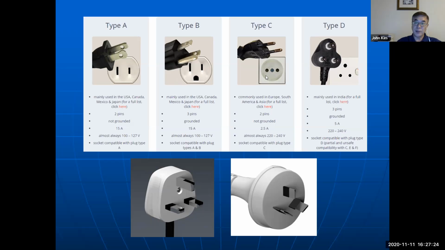If we bring an appliance or electric device to Europe or Asia, then, nowadays our cell phones are universal.